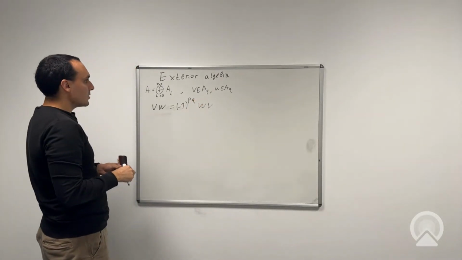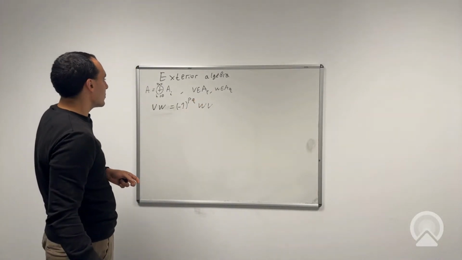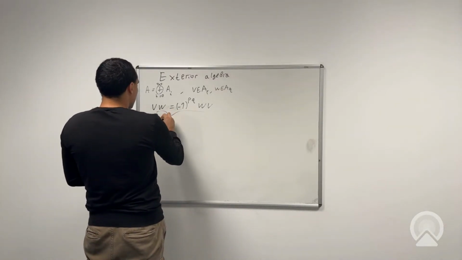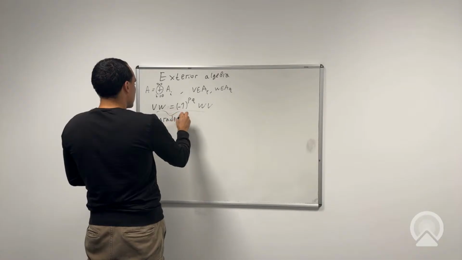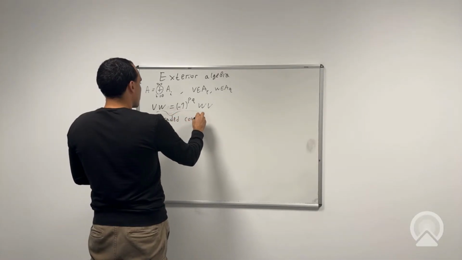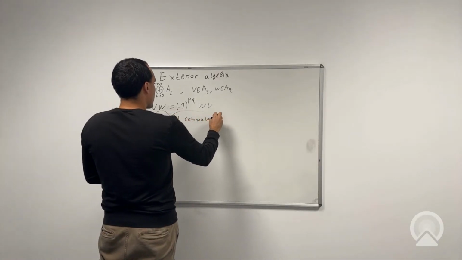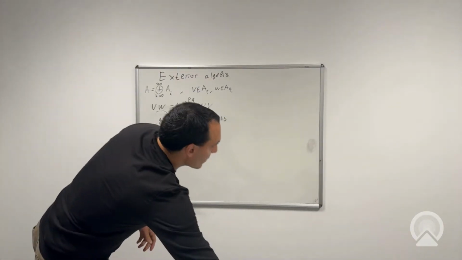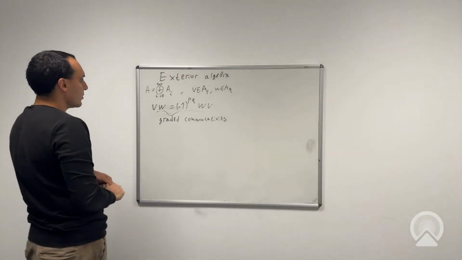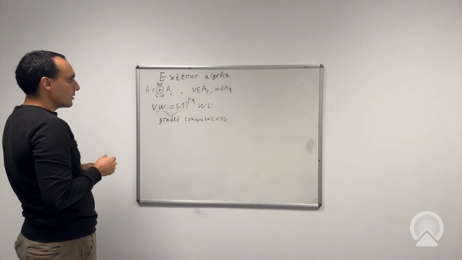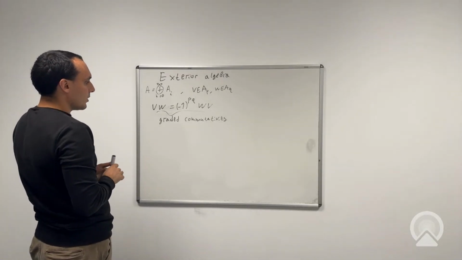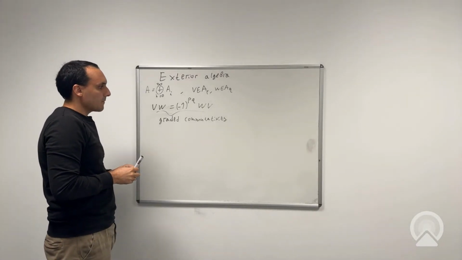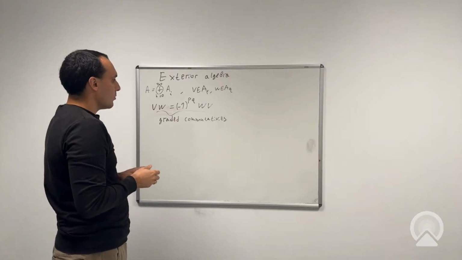And this is a property that is called graded commutative. And in fact, we'll have this property even for non-associative algebras like the cochain algebra with the cup product, which we'll study in the part for mesh calculus.